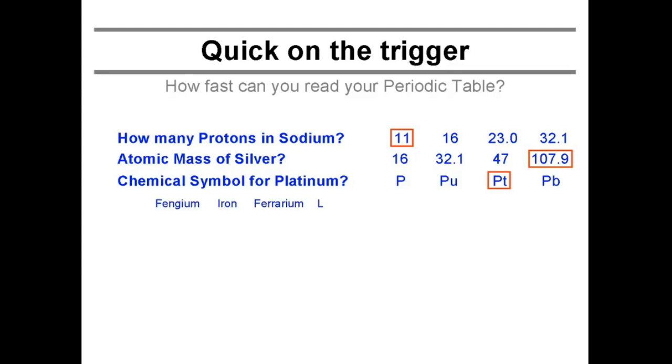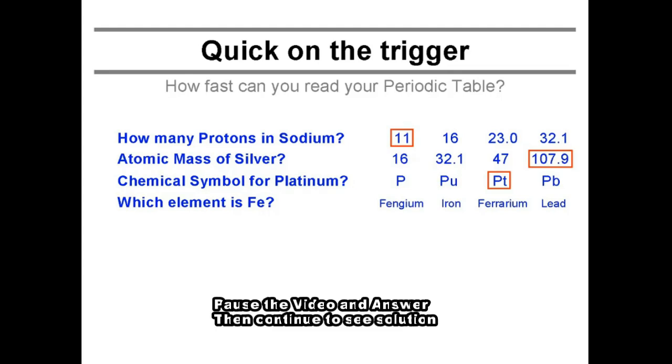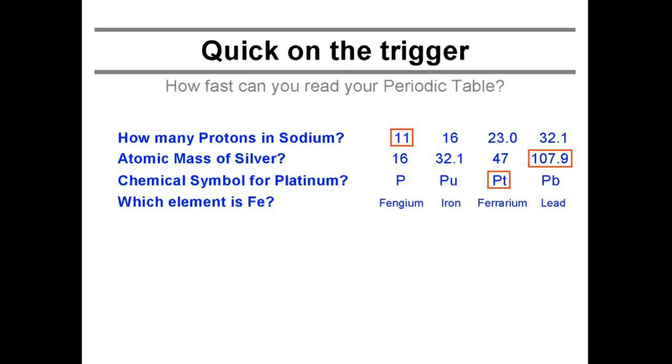I think I have another one for you. Fe, which element is this? We talked about it. It shouldn't be too hard. Give me a name for Fe. Ferrarium? I like that one. Of course not. It's iron. That was a silly question, really.